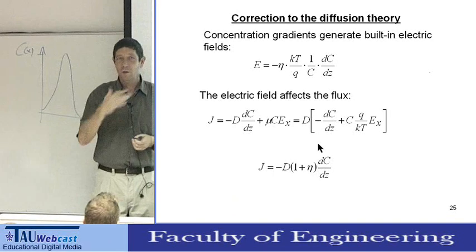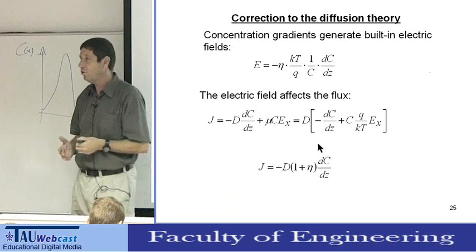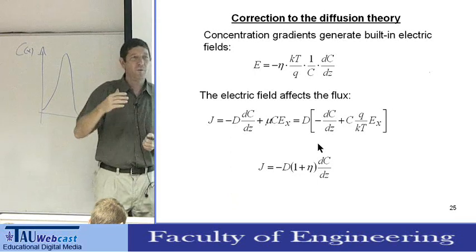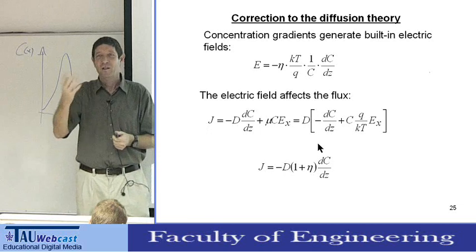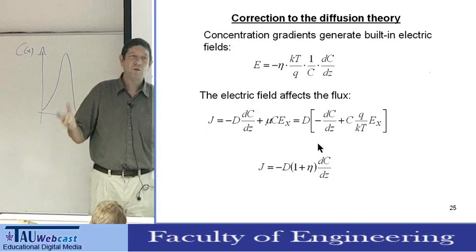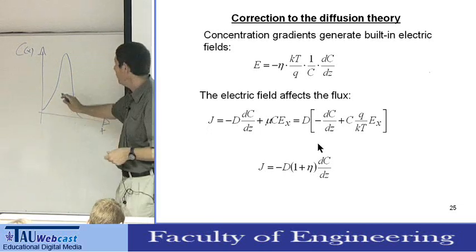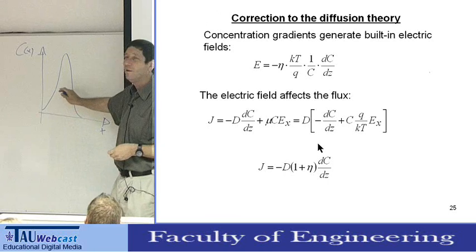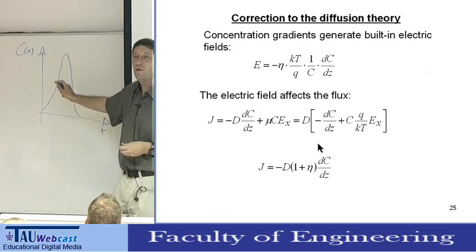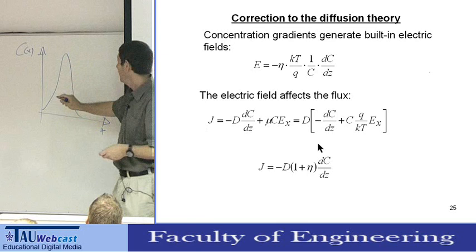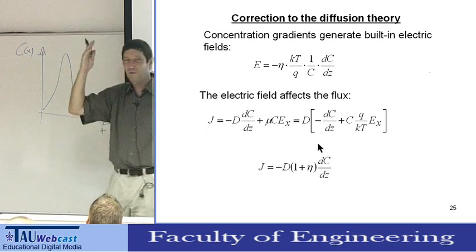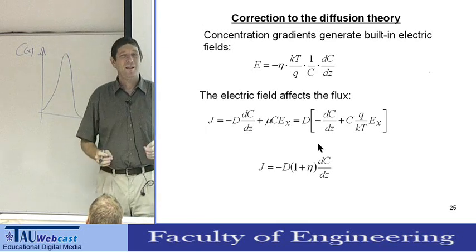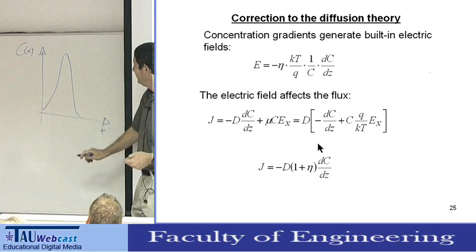I showed you the solution from a constant source and from a constant dose. Today you can assume a constant dose, but it's only an assumption, because we never have a real delta function.